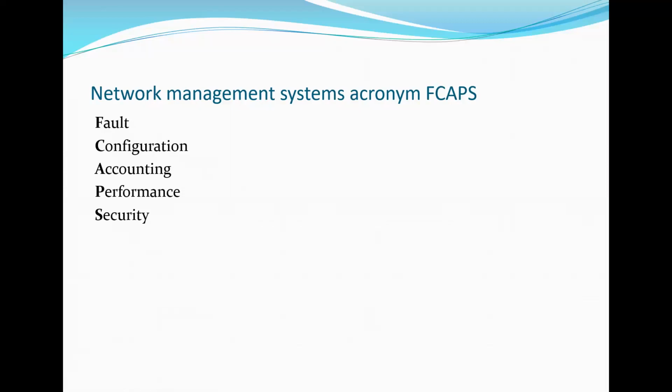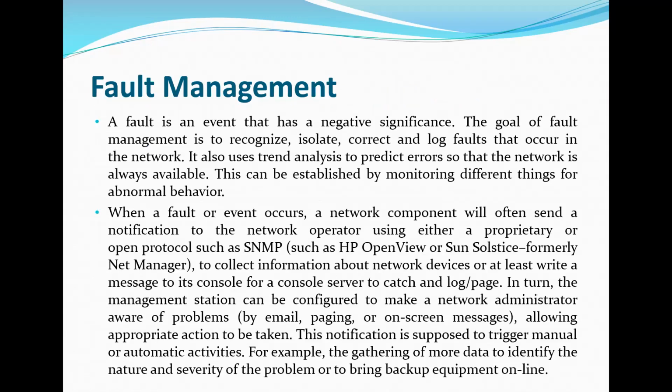Whatever you do with network management, the same thing is applicable for the cloud environment also. So what are the things we have to take care of? Whether we have a suitable fault tolerant mechanism, whether the configuration is maintained, whether the accounting is done properly, performance-wise how it is going to help you, then the security. So all this comes as a part of managing the cloud, students.